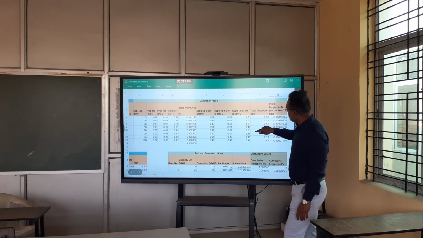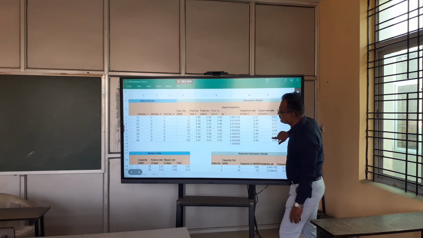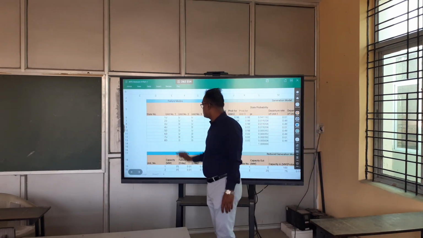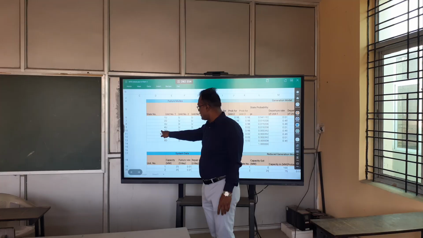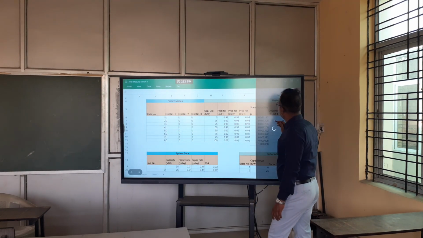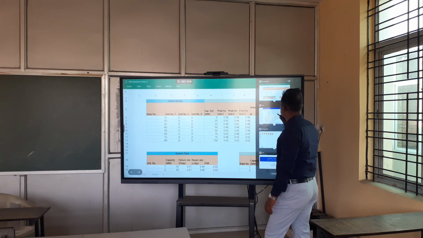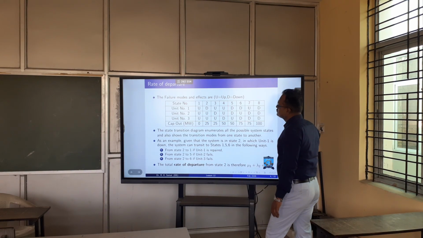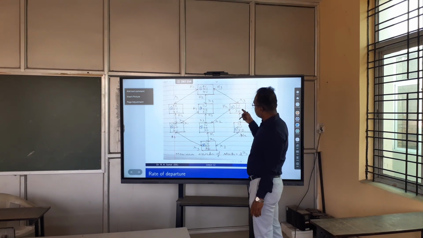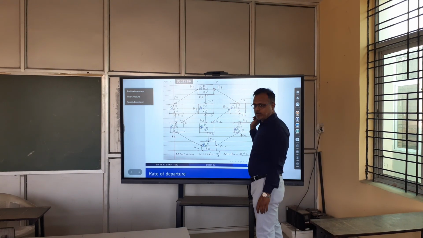To understand this concept, we will take a random state. Suppose we consider state number 4. You will see here 1 up, 2 down, 3 down.